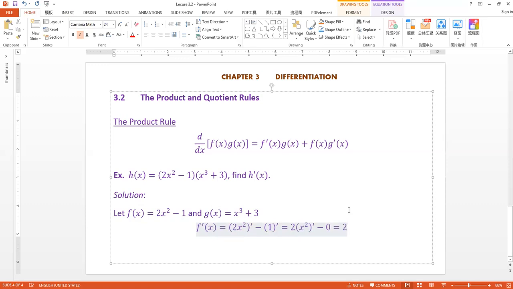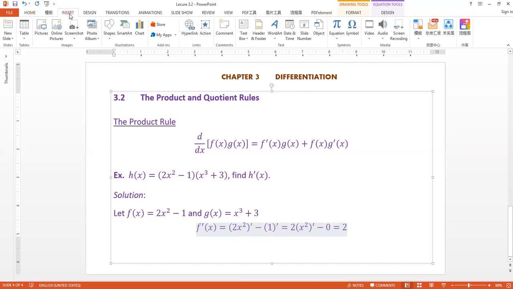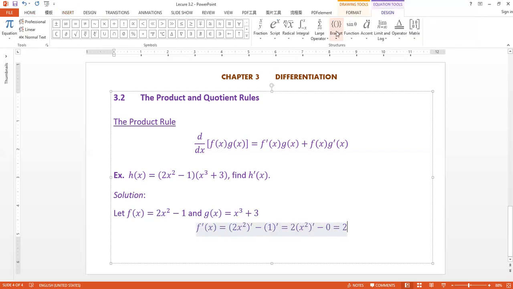And this is because of the power rule, if you forget. The power rule says the derivative of a power function is just the power n times x to the n minus 1, if you write the power function as x to the n. So in here n is 2.